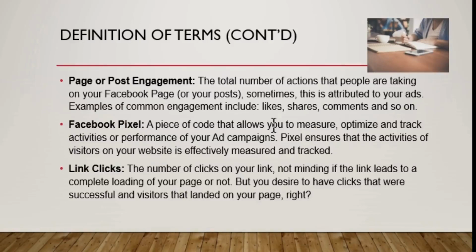All right, so Facebook Pixel, a piece of code that allows you to measure, optimize, and track activities or performance of your ad campaigns. Pixel ensures that the activities of visitors on your website are effectively measured and tracked. So you want to know what these guys are doing when they get to your website. You want to know whether they click on Add to Cart. You want to know whether they click on Checkout.